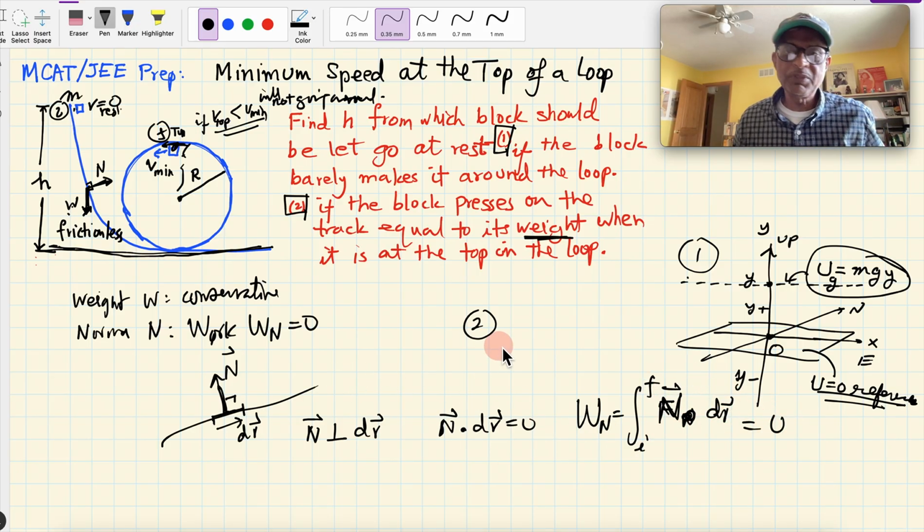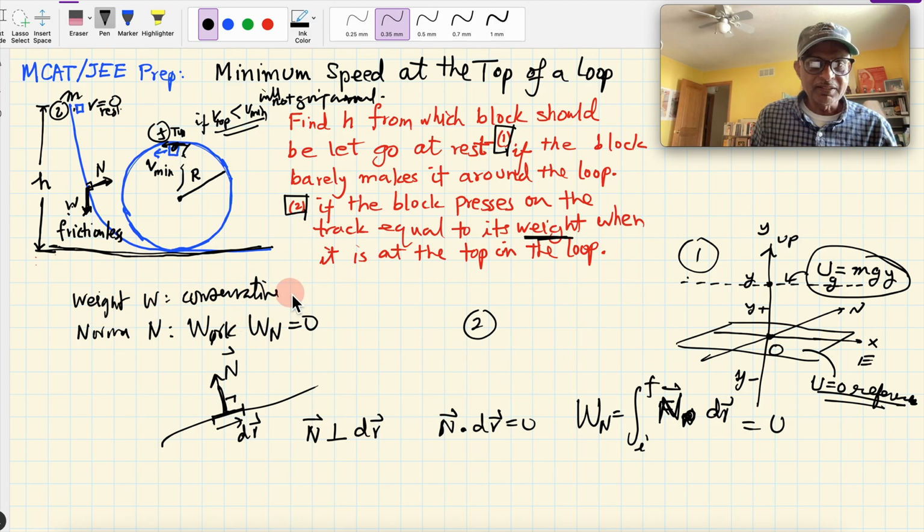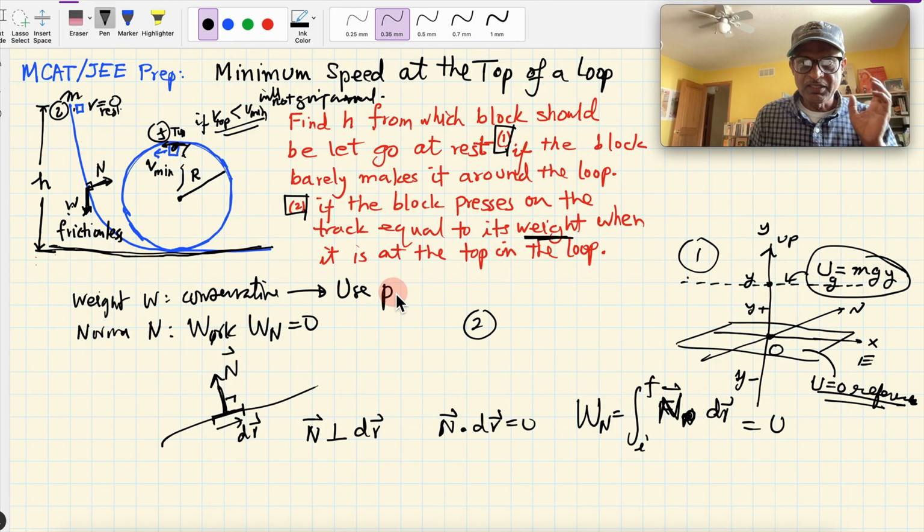So this is always going to be 0. And the weight is a conservative force. Then use potential energy to account for the work.